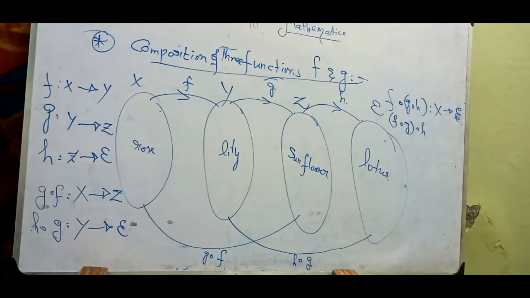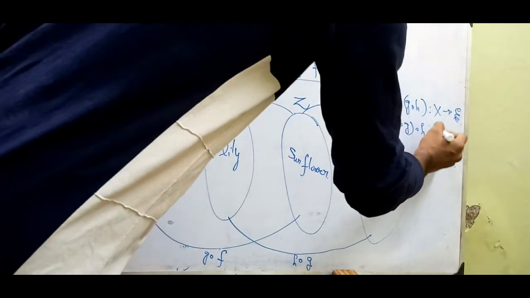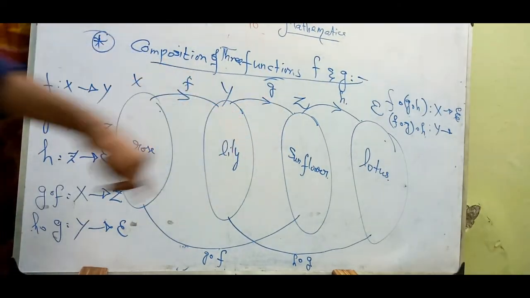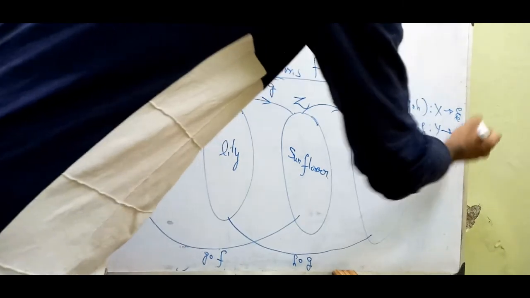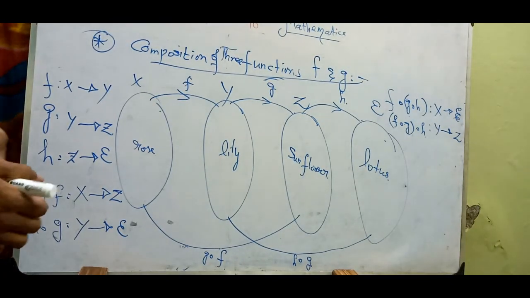So f compose g is Y to X, and so it will come up here Y, and h is about Z. Yeah, that is what we need to know here.